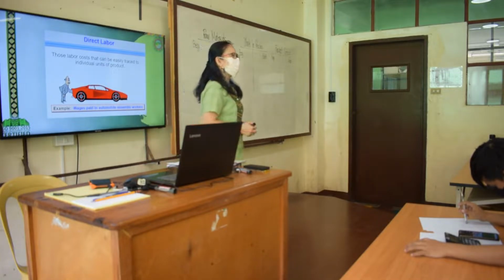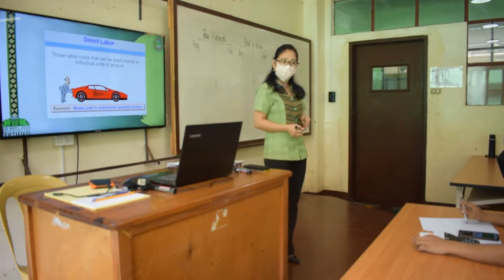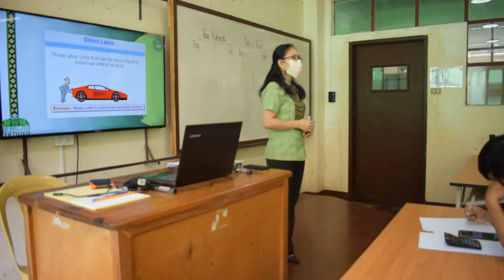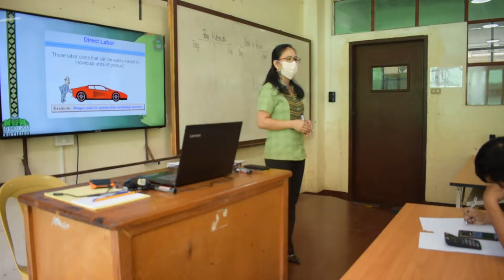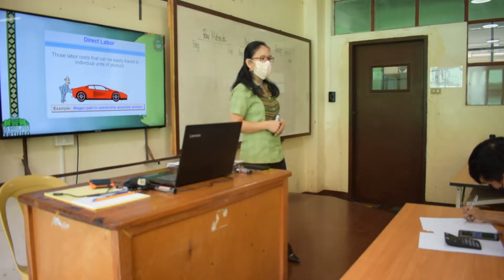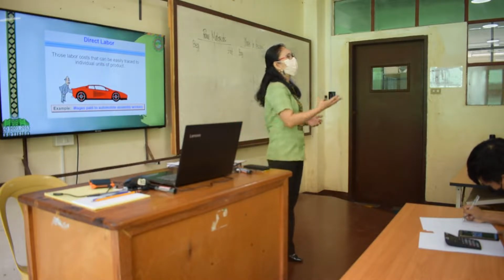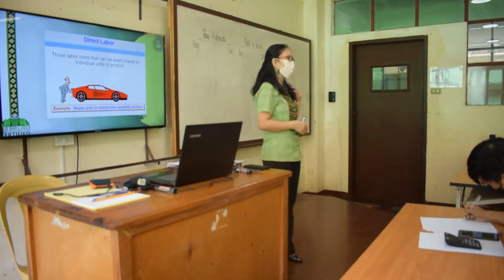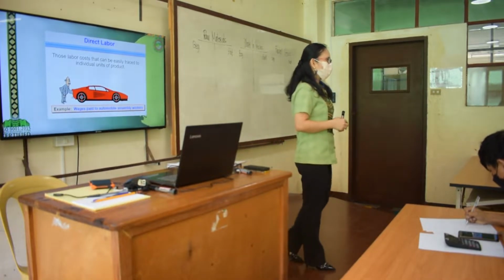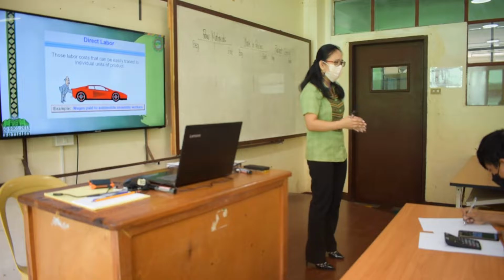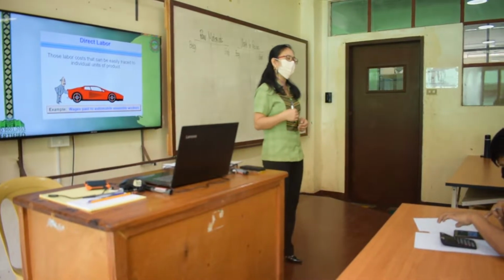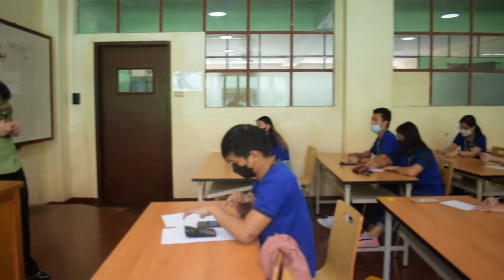Direct labor. Direct labor cost pertains to the wages or the salary of those people directly involved in the production process. So when you go to a restaurant, and you have your menu or you have your dish with you, the salary of the chef or the cook who creatively cooked your meal will be recorded under the direct labor.